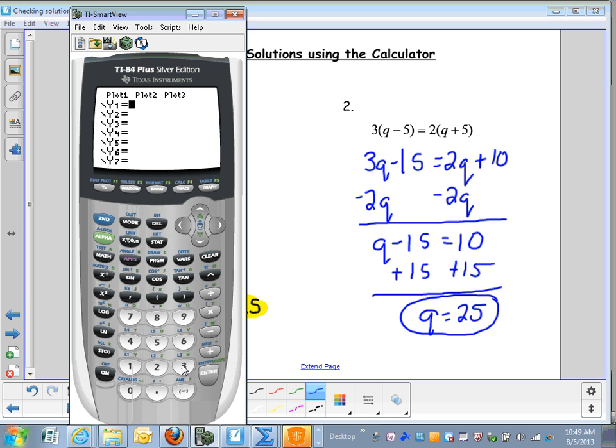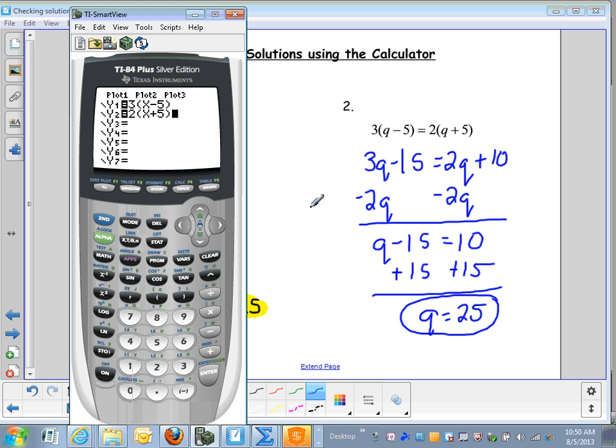So I'm going to go ahead and type in 3 parenthesis, use this x key, minus 5, and close my parentheses. I'm going to take my arrow key down to parenthesis x plus 5. So even though my problem says q, I'm just going to go ahead and use this x key here.